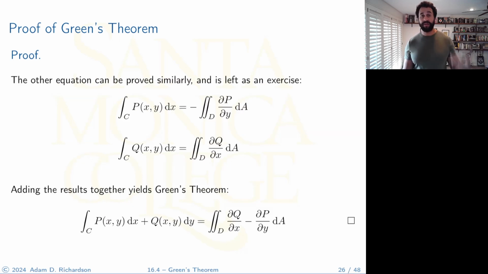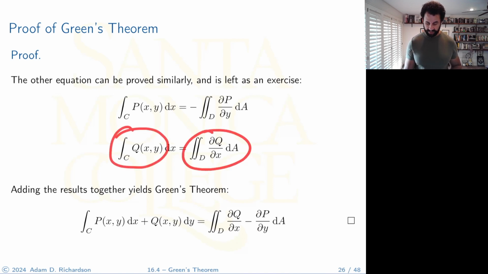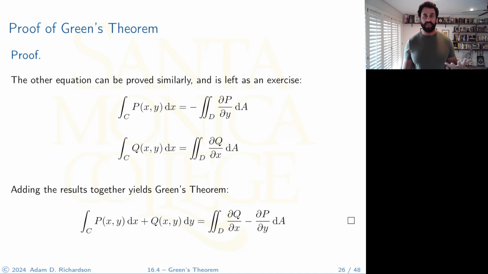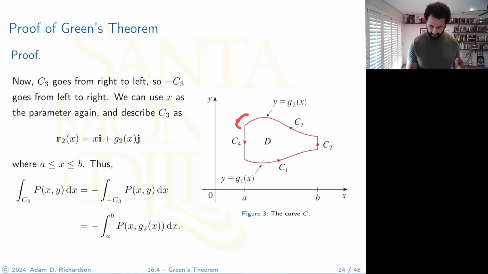Now, you could repeat the process again for this line integral and this double integral here, and you'll get the same kind of result. Go through the same process, decompose that curve C into four curves, but you'll be able to view the region D as a type 2 region. Instead of it looking like this, these would be your curves, and these would be your straight lines.